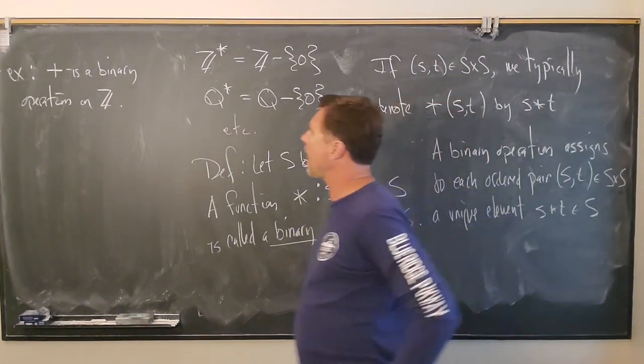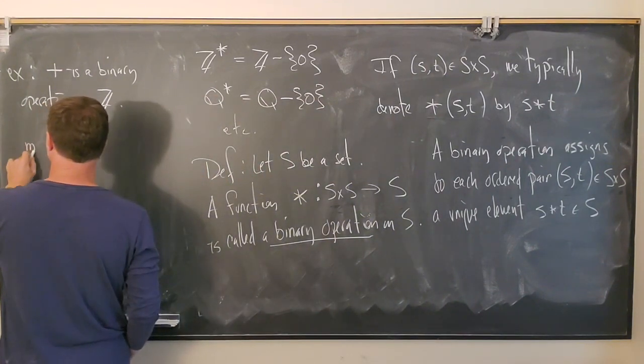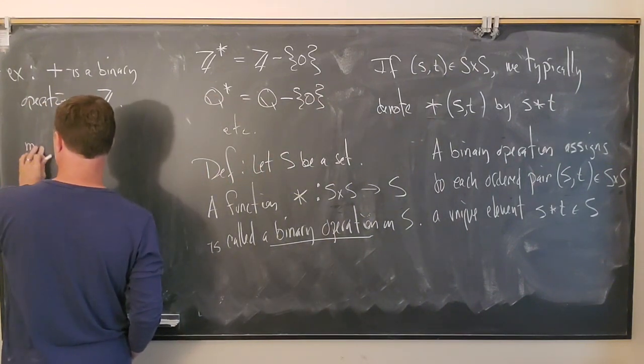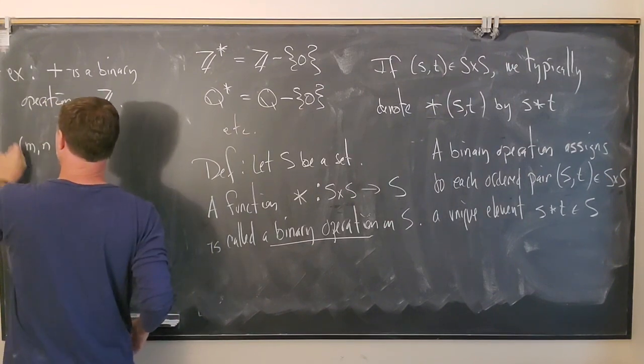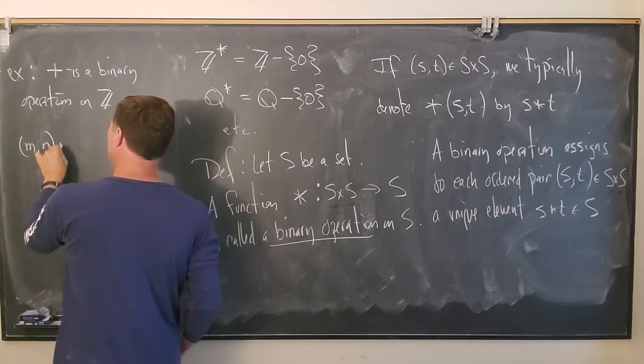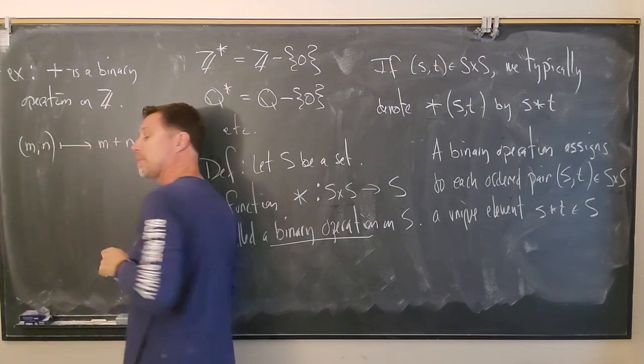So how does addition work? Well, it takes an ordered pair M comma N and assigns to it the sum of those two.